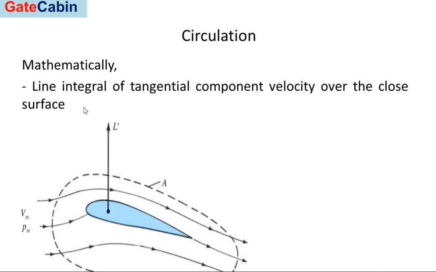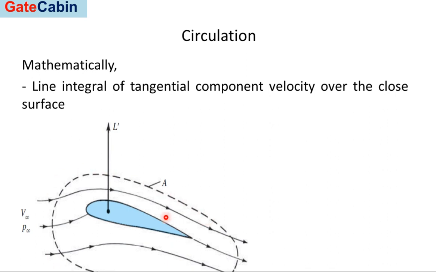So let's say we have an aerofoil placed in air, moving through the air, and we want to calculate the value of circulation. We can draw any arbitrary closed contour around this aerofoil.